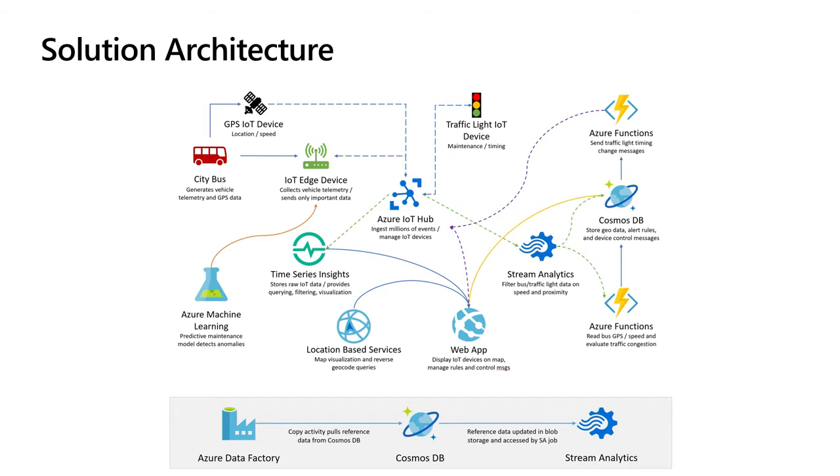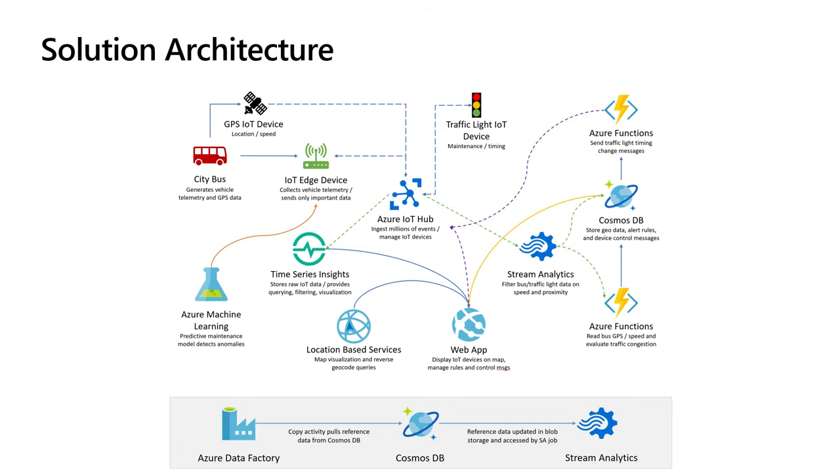The second part of the solution: for that IoT device to work, it needs an algorithm. The algorithm would be a trained Azure machine learning algorithm. What this algorithm does is, it has a predictive maintenance module which uses the data gathered by the edge device in the bus to predict and detect any anomalies in the telemetry data it's getting, and maybe potential issues.